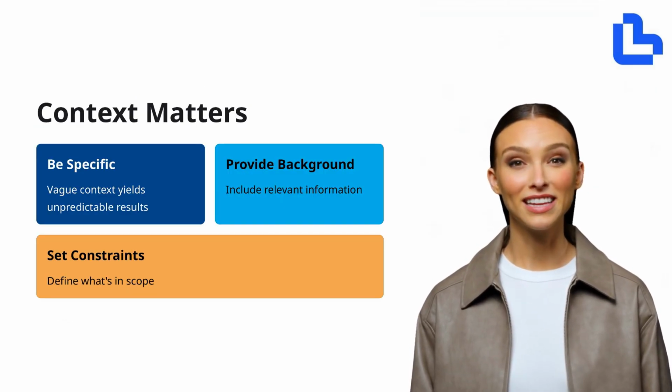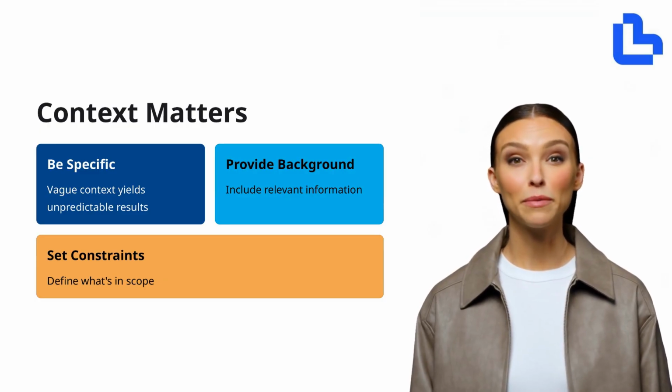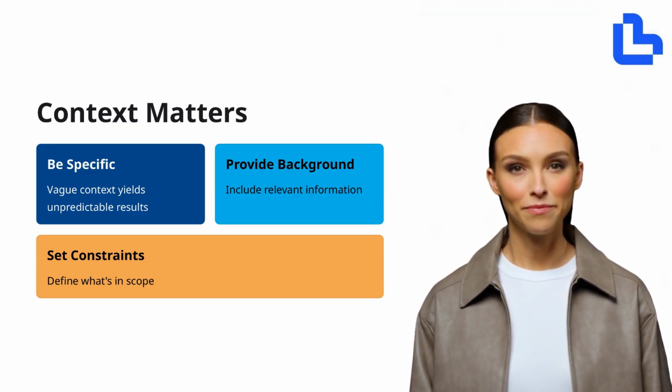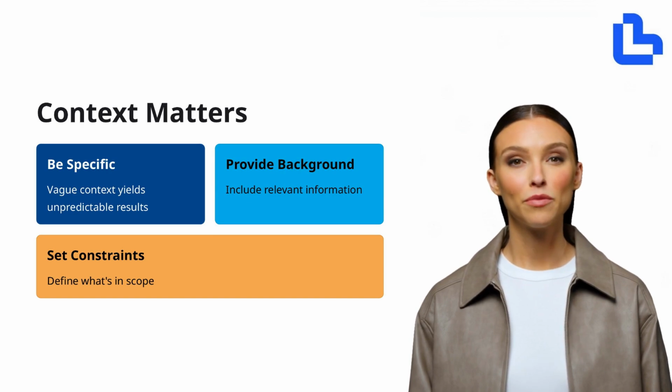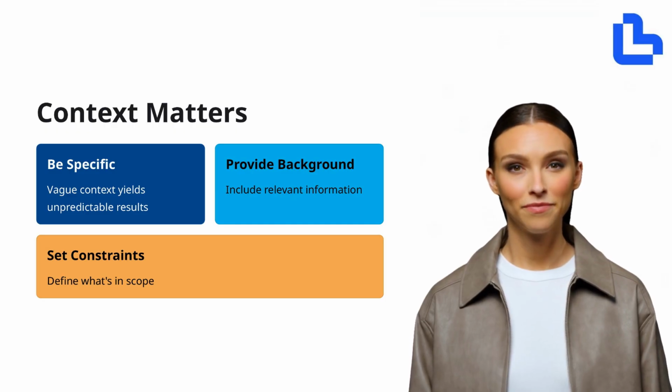Now that we've covered the anatomy of a prompt, let's zoom in on the first and arguably most important component, context. If you take away one thing from this slide, let it be this: context matters. A lot. When your prompt lacks context, the AI is essentially guessing. And while it's good at making educated guesses, vague prompts often lead to unpredictable or irrelevant results.